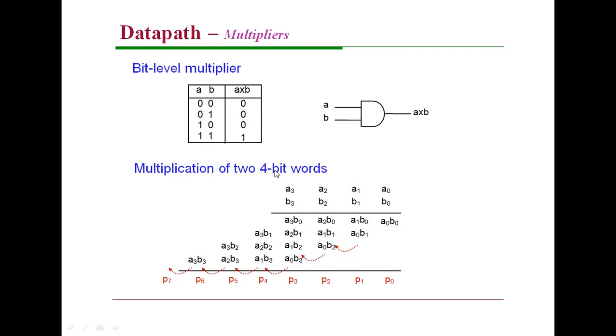If 5 bits, the result is 5 into 2, 10 bits. If 3-bit data, 3 into 2, 6 bits. If 2 bits, 2 into 2, 4 bits. With 1 bit, the output is 2 bits. With respect to the product, how many adders are required? Already I have explained that one.